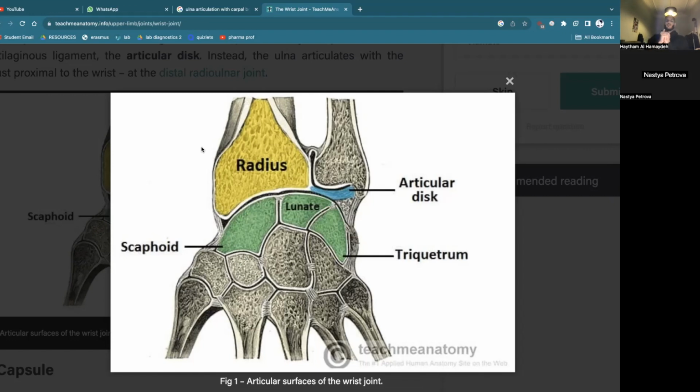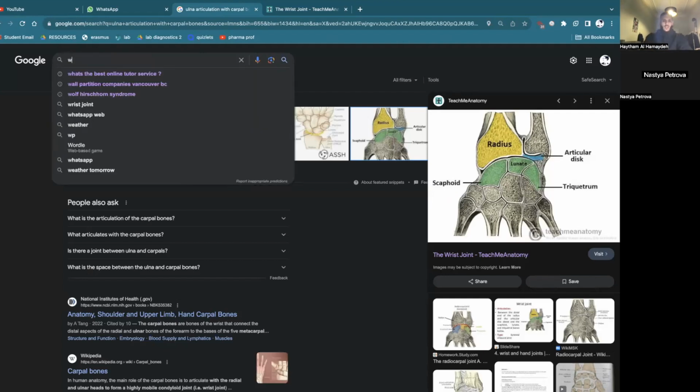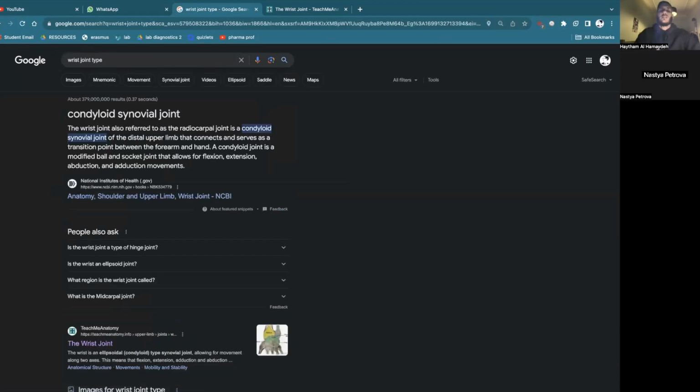Okay, bones, we know. Type of joint, I think it's hinge, isn't it? Wrist joint, type. Ah, yes, I remember now. This type is called condyloid synovial joint.